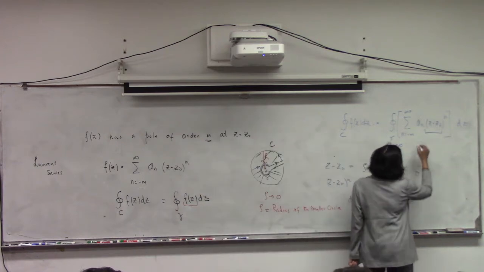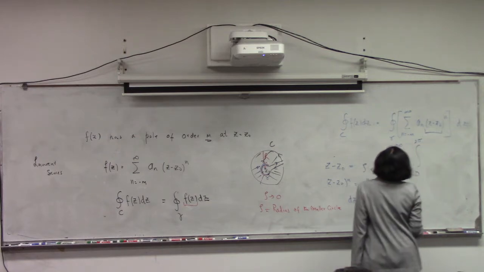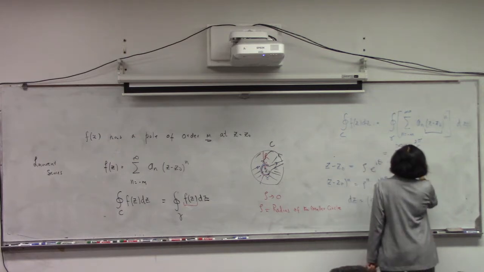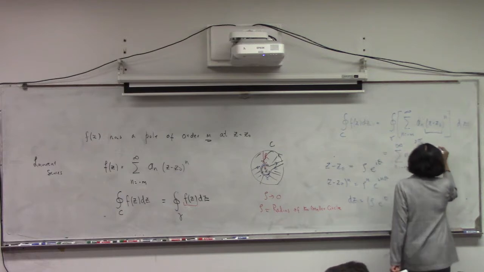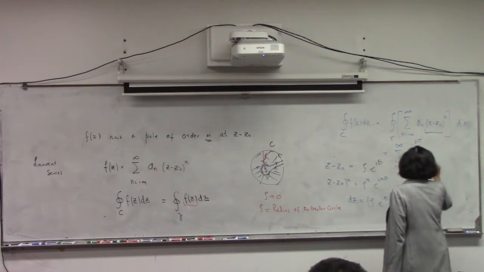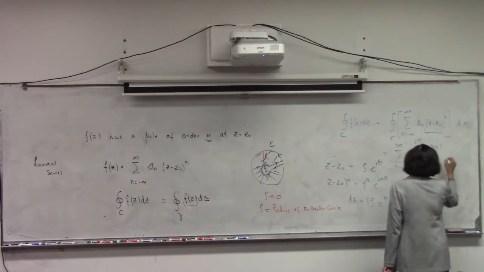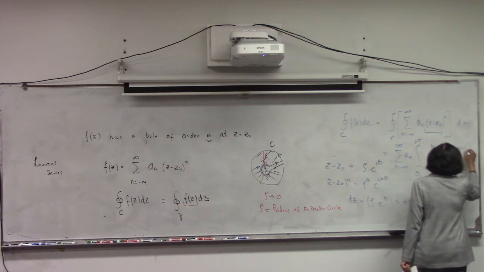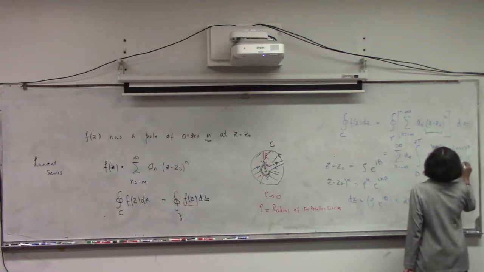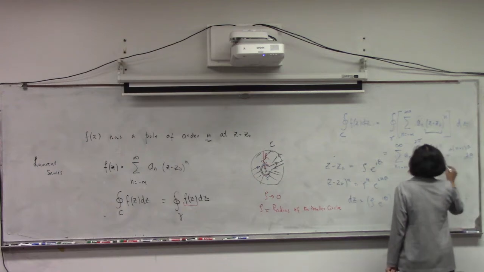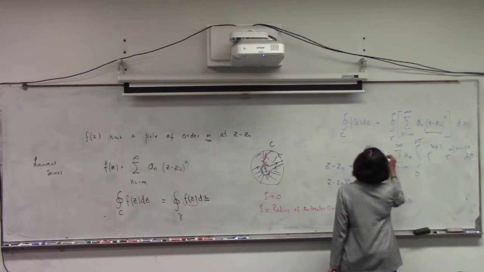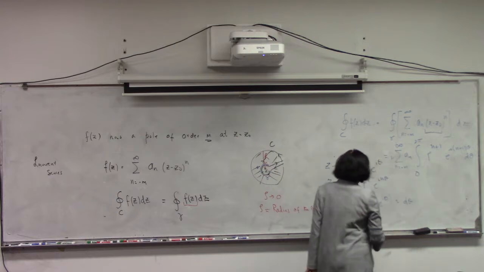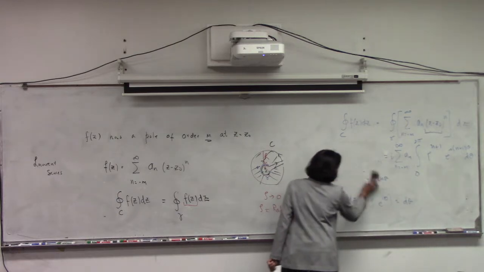Now the variable I can change: z minus z naught is rho e to the i theta. For dz, I'll get i from here, rho to the n plus 1, exponential of i, n plus 1 theta, d theta. I also have i from here, so I have this. Is this clear? Can I erase all these things?